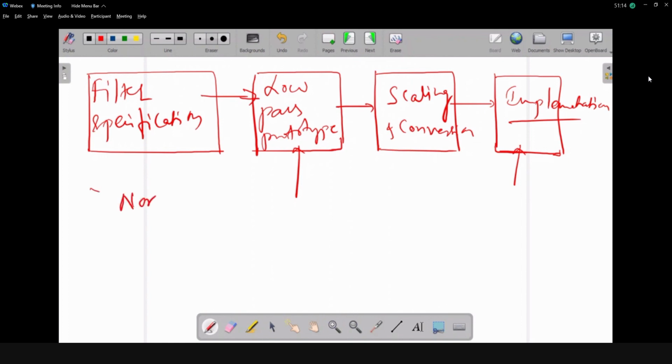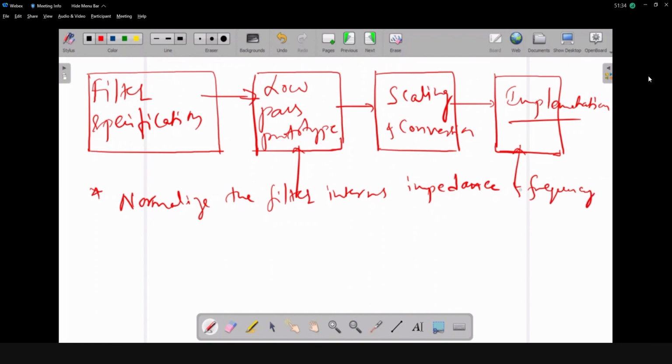Whenever we start the process of filter design, we first normalize the filter in terms of impedance and frequency. Normalize with respect to what?